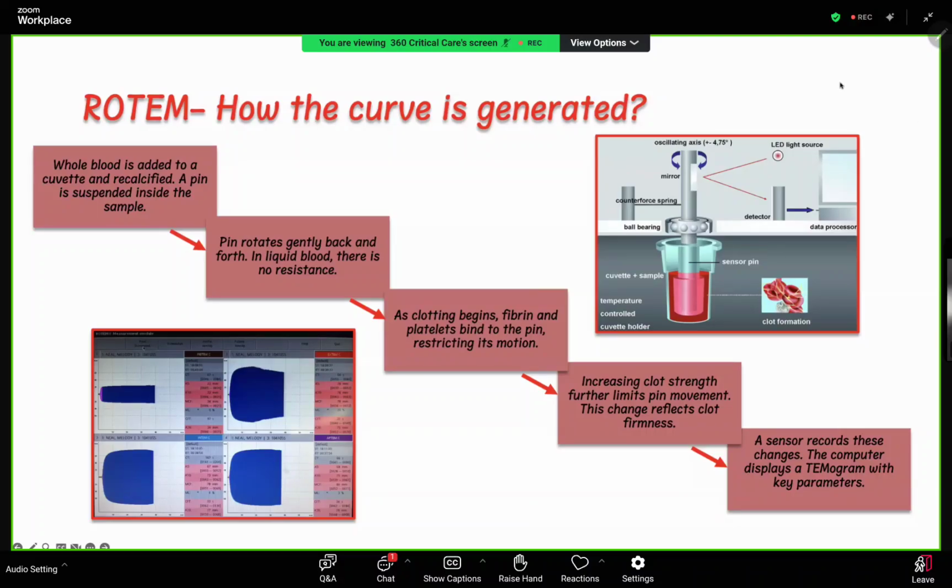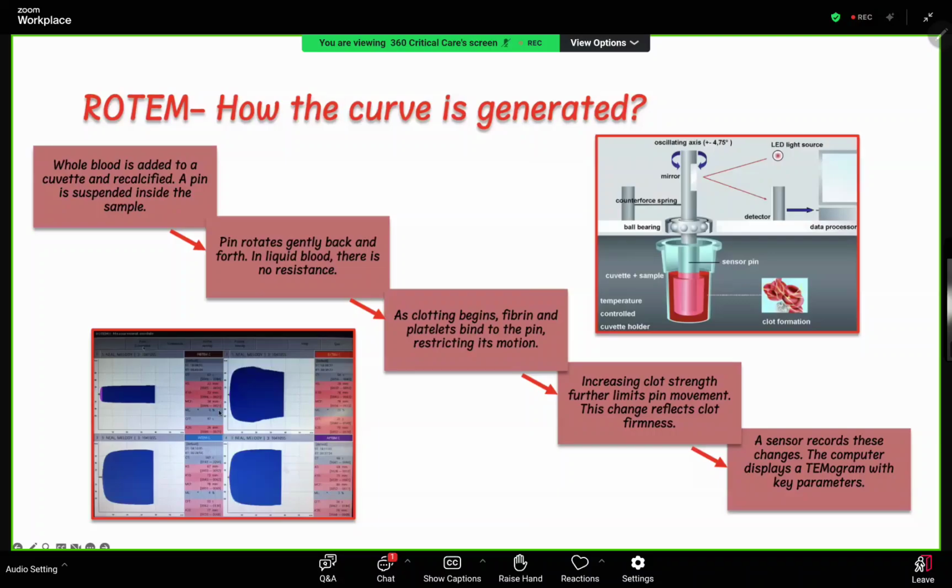Now there are different curves that we look at based on the reagent used in the cuvette. Usually there are 4 or 5 specific curves that is represented in that figure. So first of all, the first one is called as the FIBTEM, which is fibrinogen oriented.